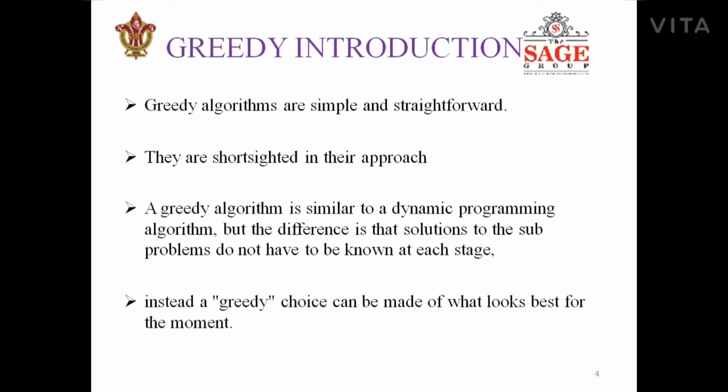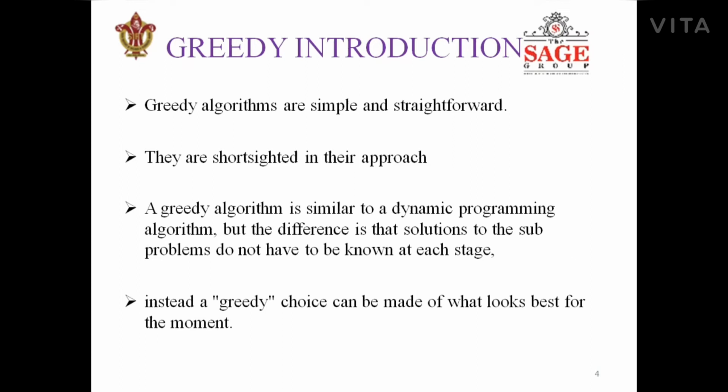A greedy algorithm is similar to a dynamic programming algorithm, but the difference is that solutions to the subproblems do not have to be known at each stage. In the next lecture, we will discuss dynamic programming. The greedy method is very much similar to it, but the main difference is that the solutions of subproblems in a greedy algorithm are not required to be saved or stored.